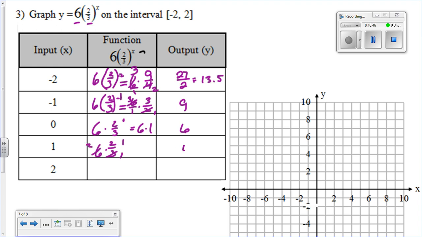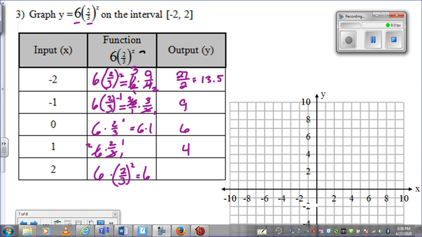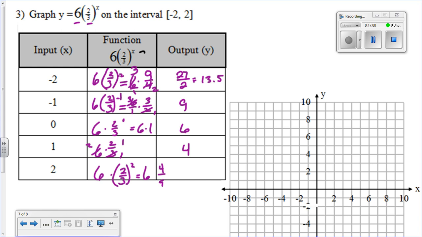This is going to give you an output of 4. 6 times 2/3 squared would be 6 times 4/9. So 3 goes in there 3 times. 3 is going to go in there 2 times. 2 times 4, so that's going to be 8/3. And 8/3, if you wanted to change it to a decimal, would be 2.6 with the bar over it.